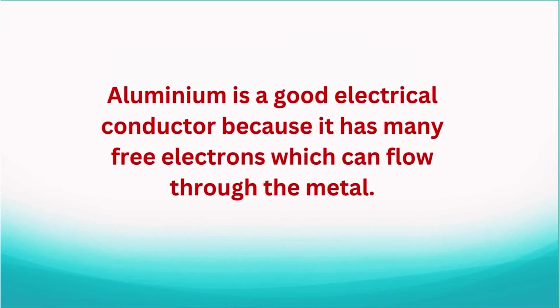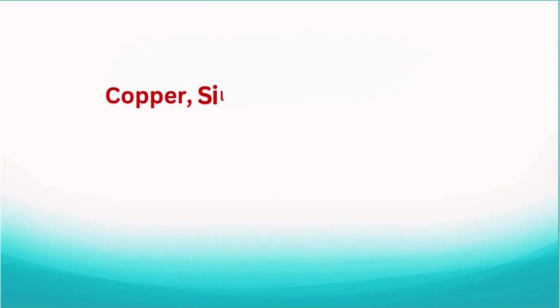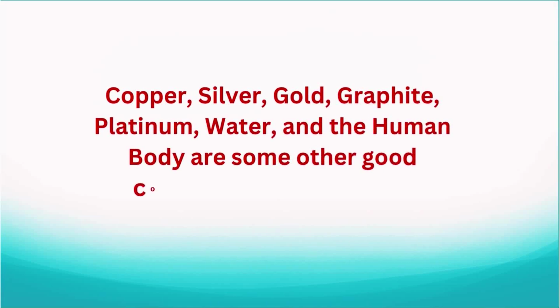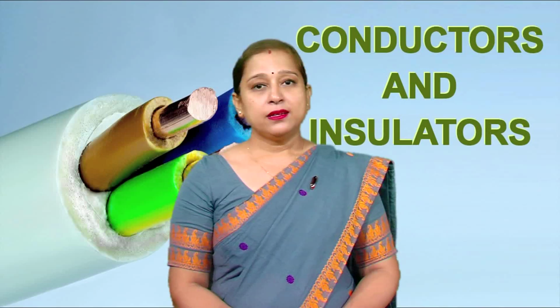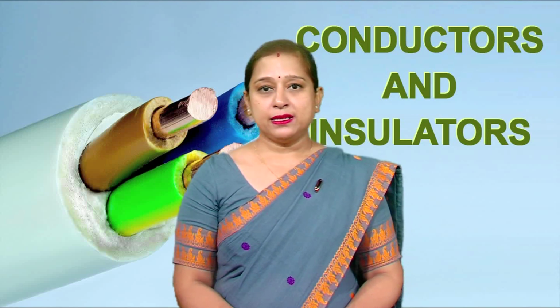Aluminium is an example of a very good electrical conductor because it has many free electrons which can flow through the metal. Besides this, copper, silver, gold, graphite, platinum, water, and the human body are examples of very good conductors of electricity. Now let us discuss the properties of a conductor.